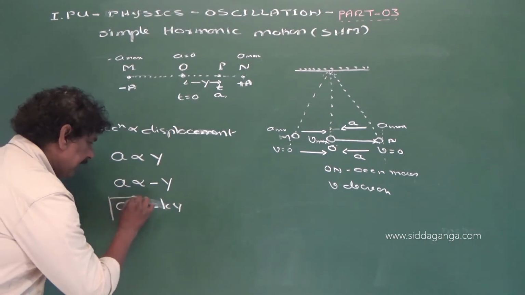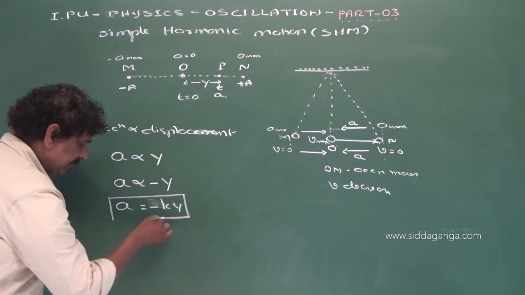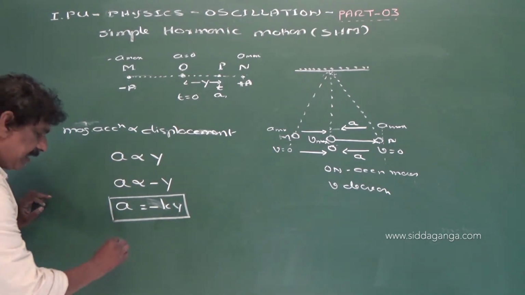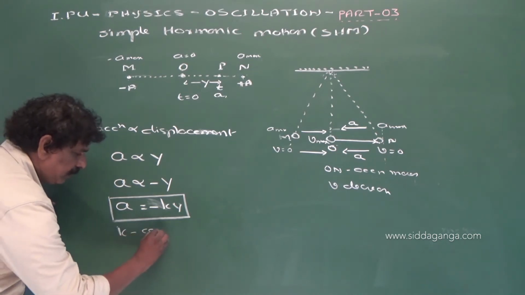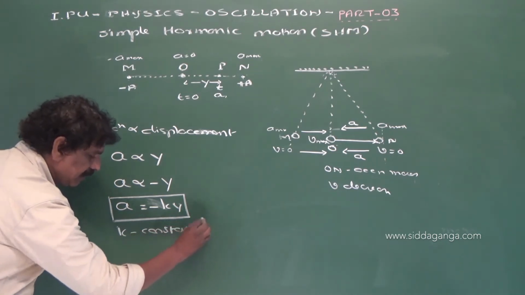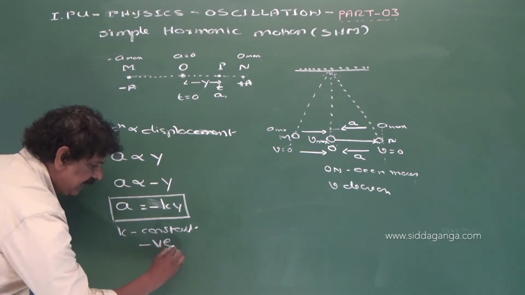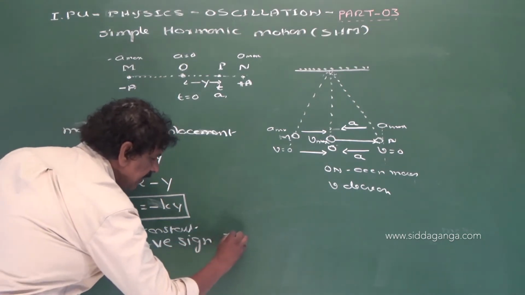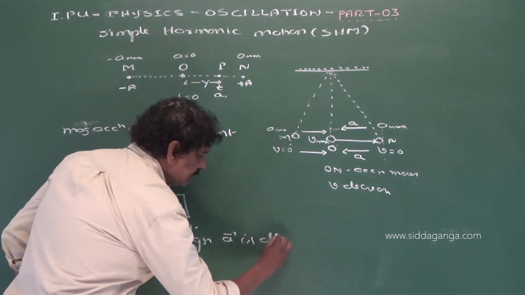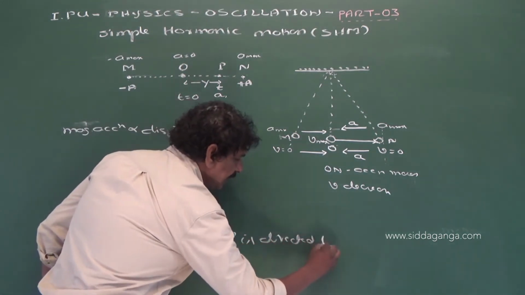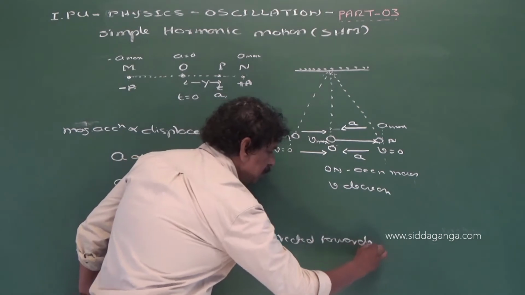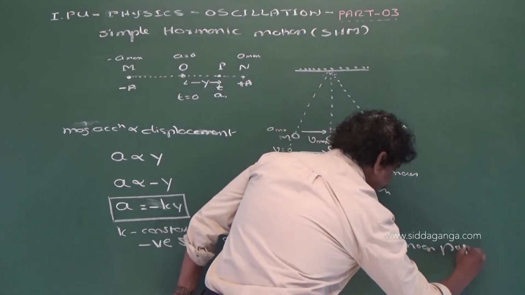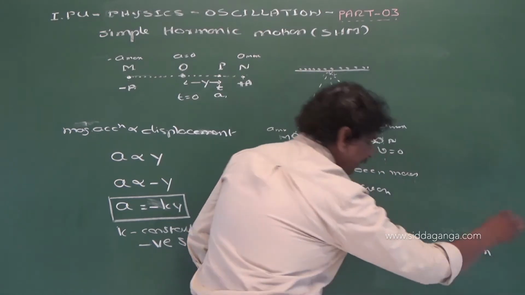This expression gives the acceleration of a simple pendulum, where k is a proportionality constant and the negative sign indicates that acceleration is always directed towards the mean position.